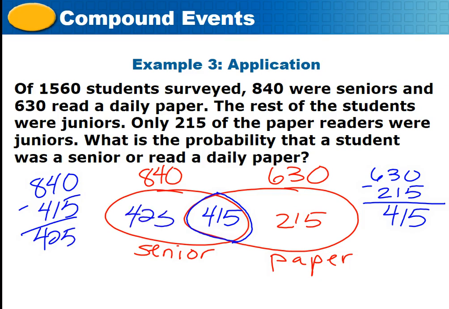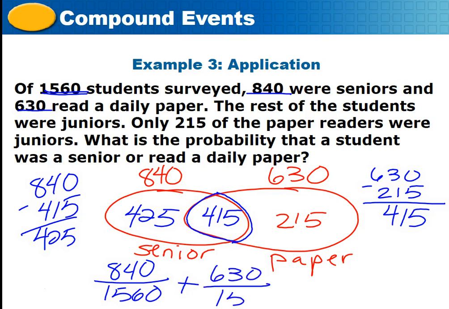Now, I want to tell you that the numbers that we're going to use are our big numbers. So we're going to use our 840 over 1560, we're going to use our 630 over our 1560, and then we're going to do our overlap. So we are going to do 840 over 1560, and then we're going to add to it our paper readers, which was 630 over 1560.